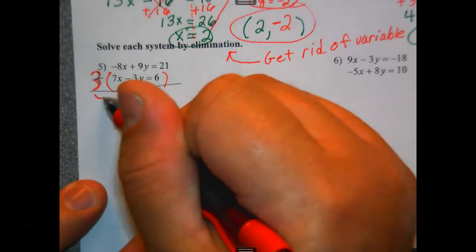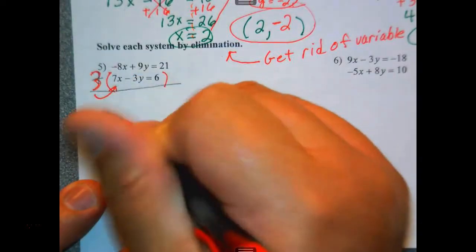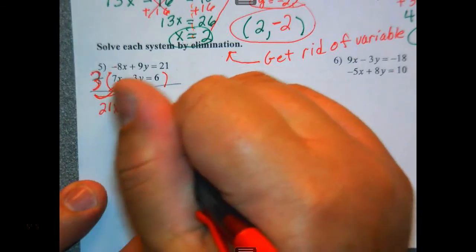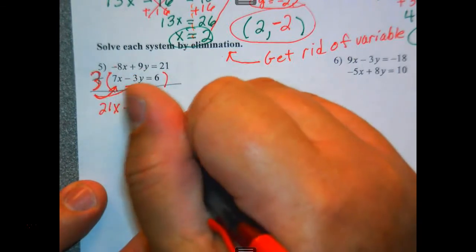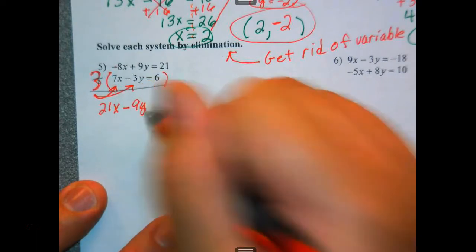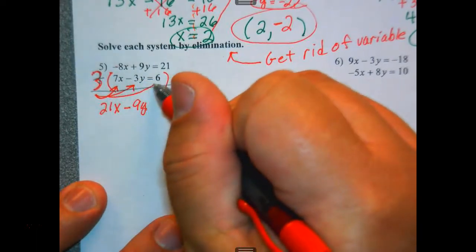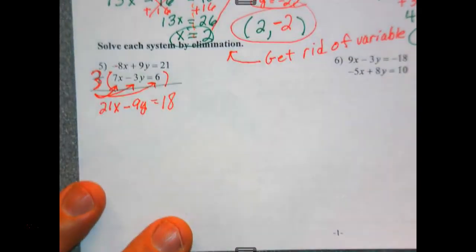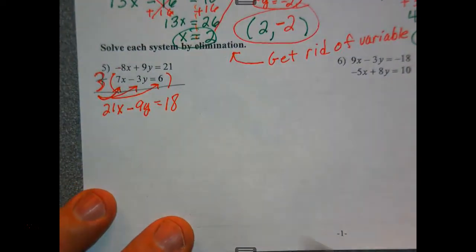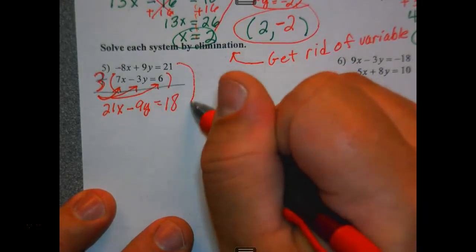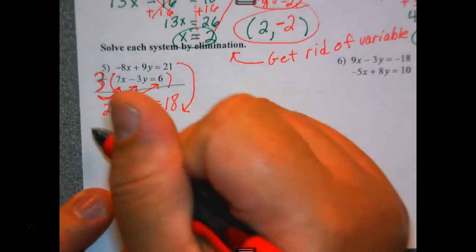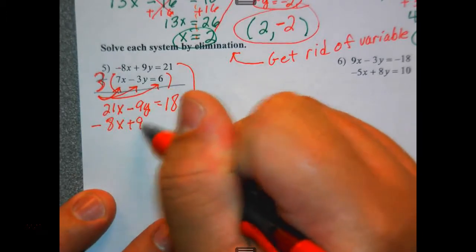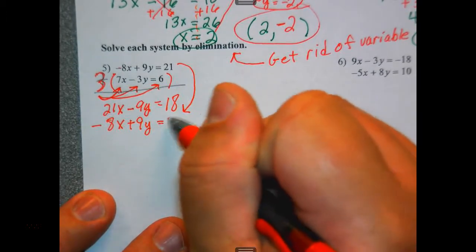So, distribute. 3 times 7x, 21x. 3 times -3y, -9y. 3 times +6 is 18. And we're not doing anything with the top one, just bring it back down. So I have -8x plus 9y equals 21.